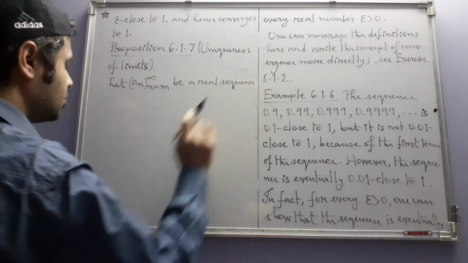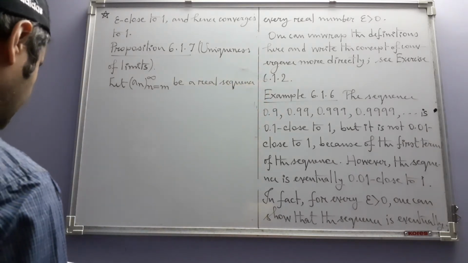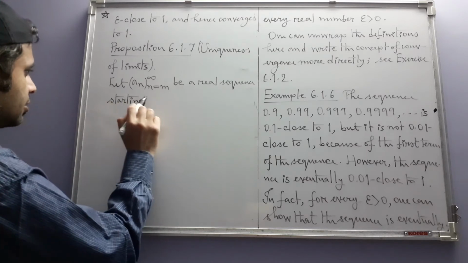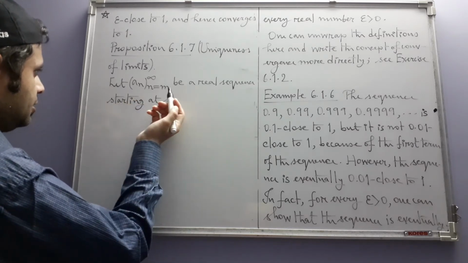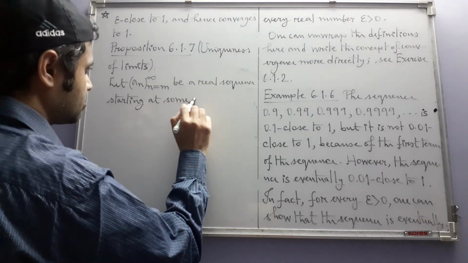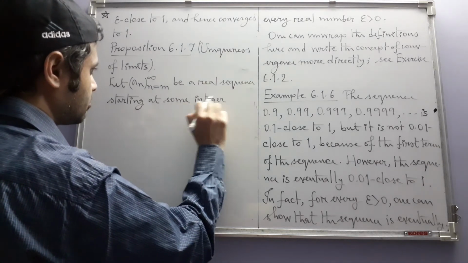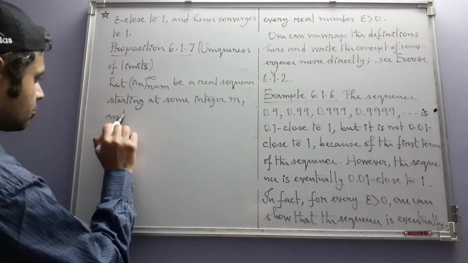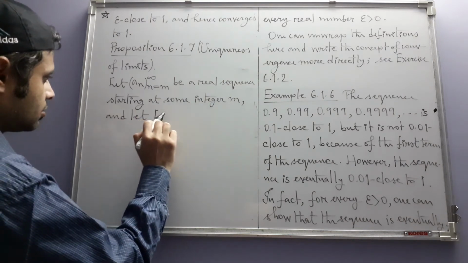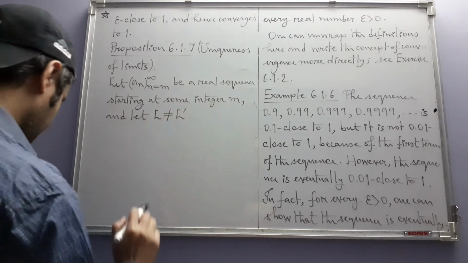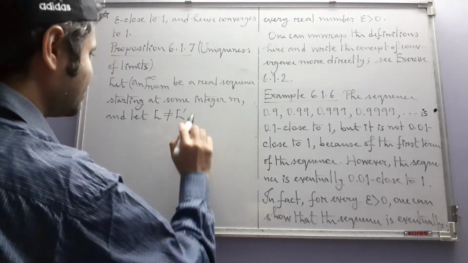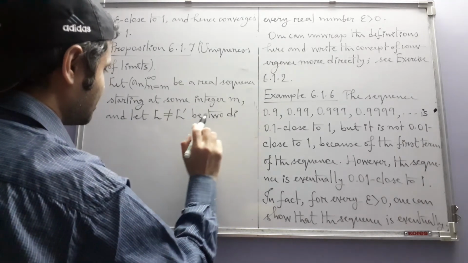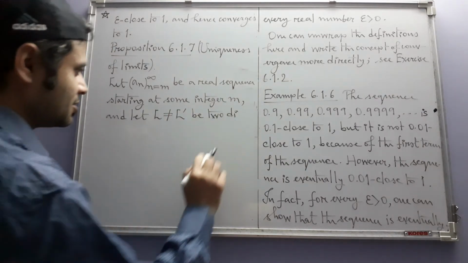That means a sequence of real numbers starting at some integer M. What is the need for writing this? Starting at some, we can see that here itself, no? And let L not equal to L prime be two distinct real numbers. Okay, we can again see the distinctness from here itself.